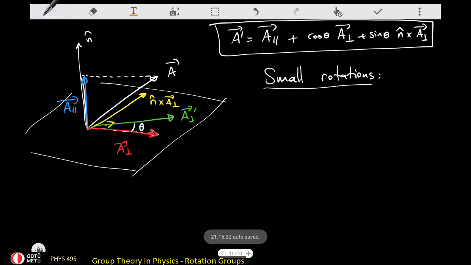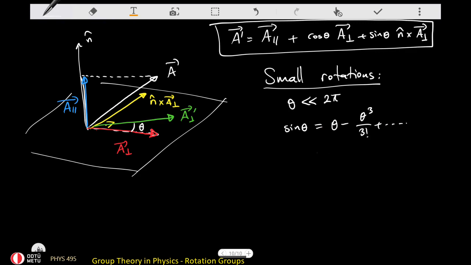In that case, that means theta is much smaller than basically the full rotation angle, 2 pi. And in that case, I'm going to expand everything to order. Let me first write down the exact expansion in here. This is theta minus theta cubed over 3 factorial and then so on.